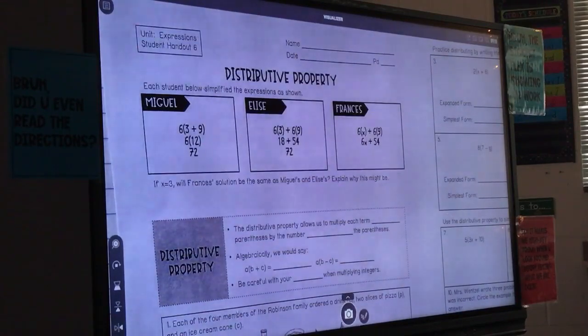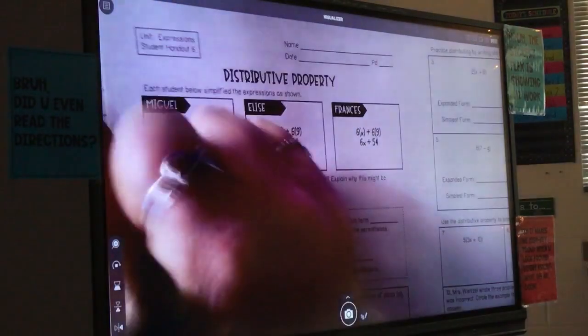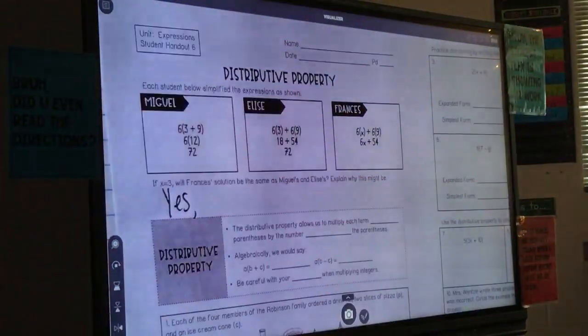So essentially, they're multiplying 6 times 3 in every one of these, and 6 times 9 in all of these. So there's no right or wrong answer. I'm not going to write an explanation for you, as long as you're seeing that there's a pattern, that we're doing the same thing for each one of these. That's the pattern we want you to see. But you do need to write yes.